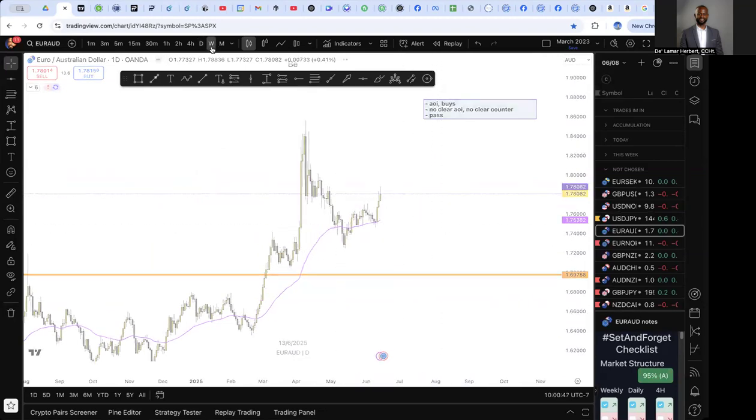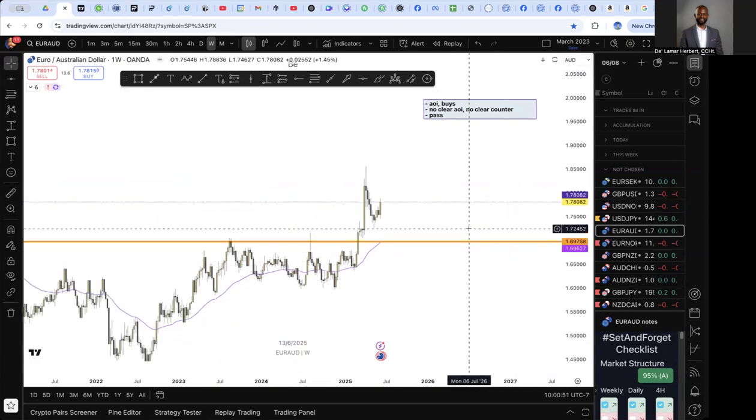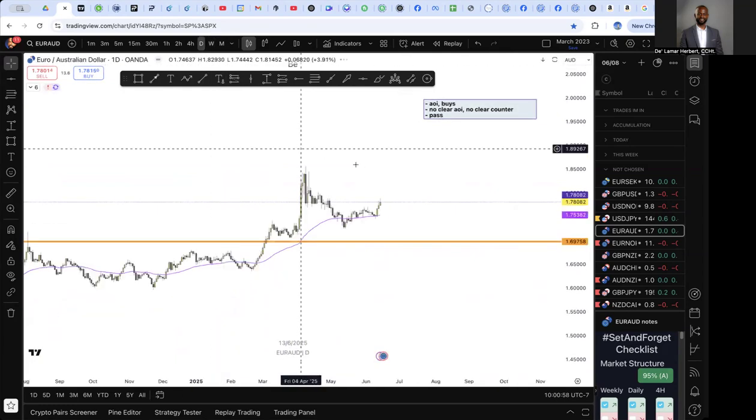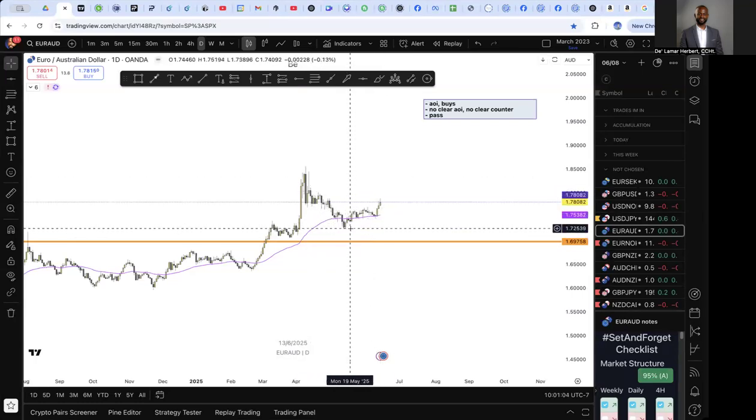All right, Euro AUD. Here we'll be looking for buys, but right now we just need a clearer counter, because weekly is bullish, daily is bullish. In order for us to take a counter, we would have to go bearish on the daily, and you can see our shift will be pretty close to this take profit.